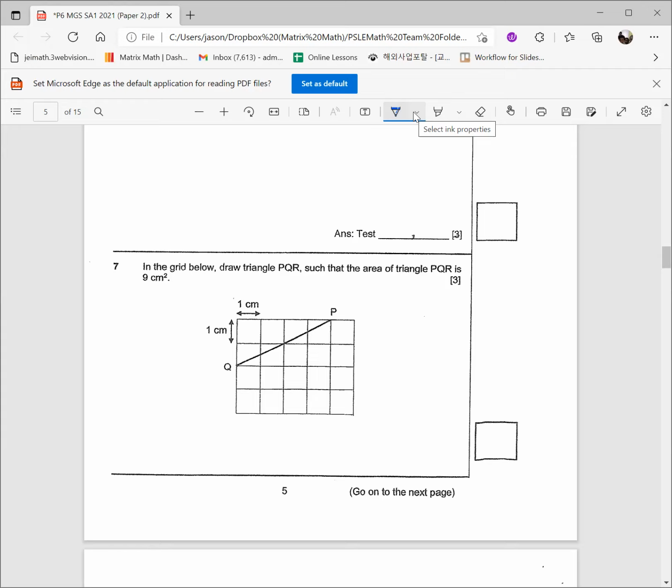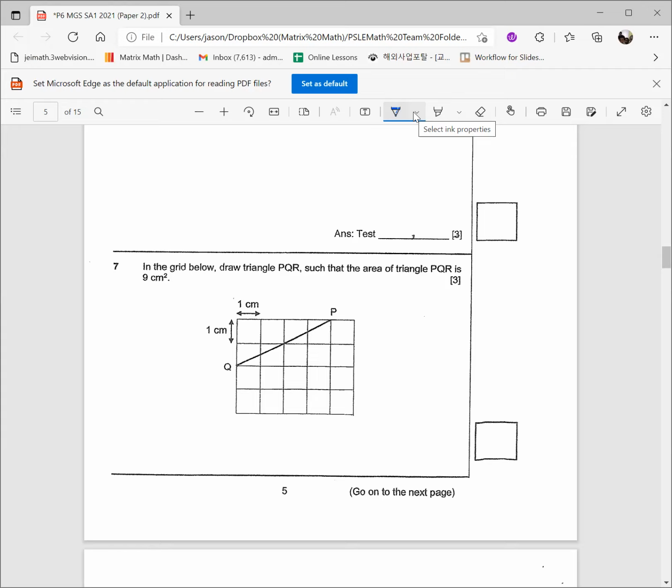Actually, not almost, it's certainly not possible. So this will be a wrong approach. How are you going to guess and check a line such that the base and height multiplied, times half, will give you 9? This approach is very difficult to do.